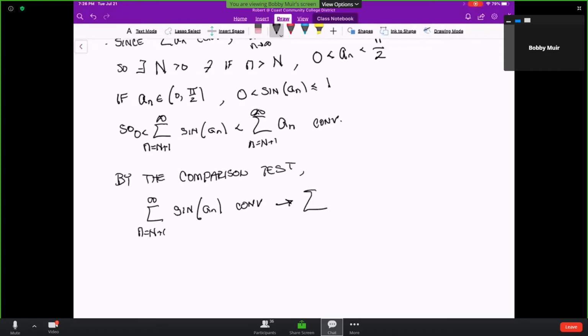So if you add back all of the rest of them, a finite number, however many we wanted to start with, the whole series is going to converge.